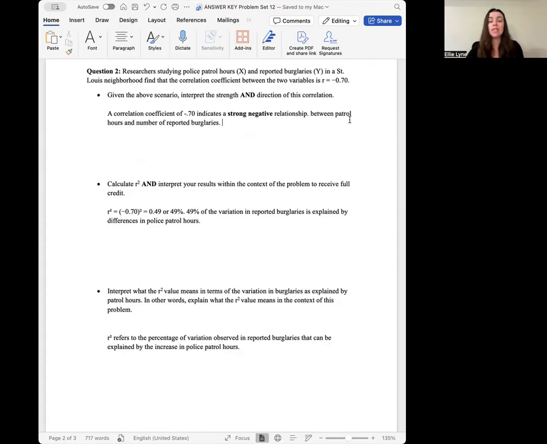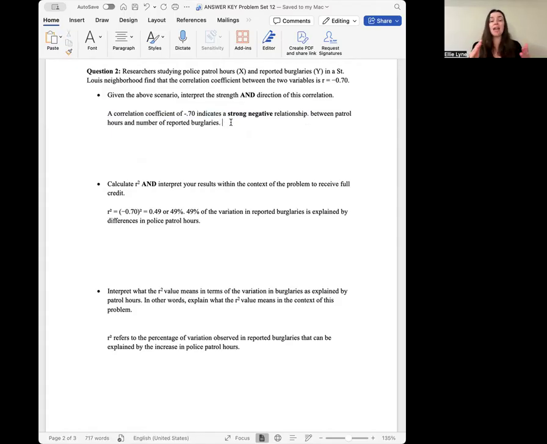Even though we technically got more negative, we're actually inching closer to a -1, which is a good thing if we're trying to strengthen that relationship. So in this case, I would classify this as a correlation coefficient of -0.7 indicating a strong negative relationship between patrol hours and number of reported burglaries.